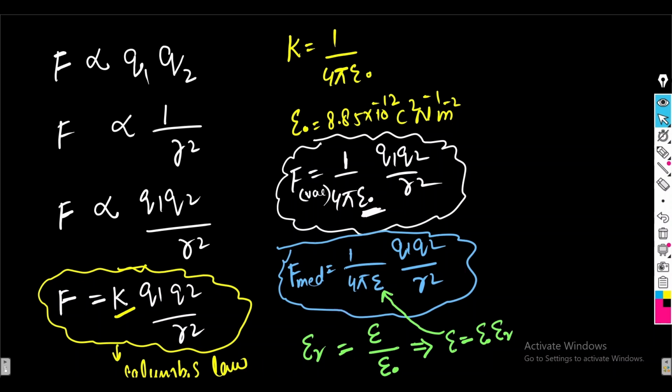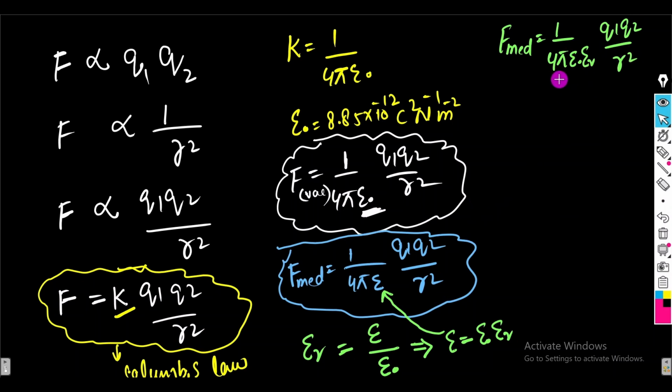Then the equation becomes F of medium is equal to 1 over 4 pi, and instead of epsilon we put epsilon naught epsilon r, and the rest Q1 Q2 by R square.